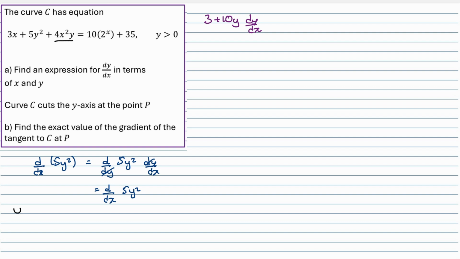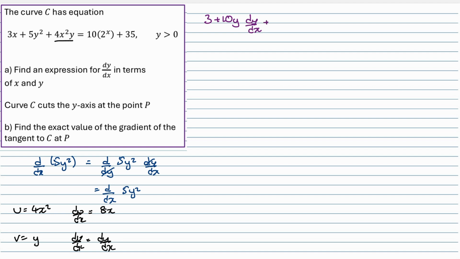So if we let the u term equal 4x squared, then du by dx equals 8x. The v term will equal y, and dv by dx will equal dy by dx.